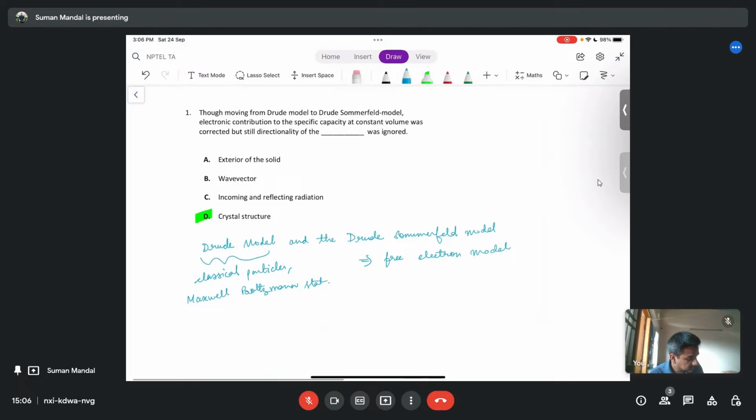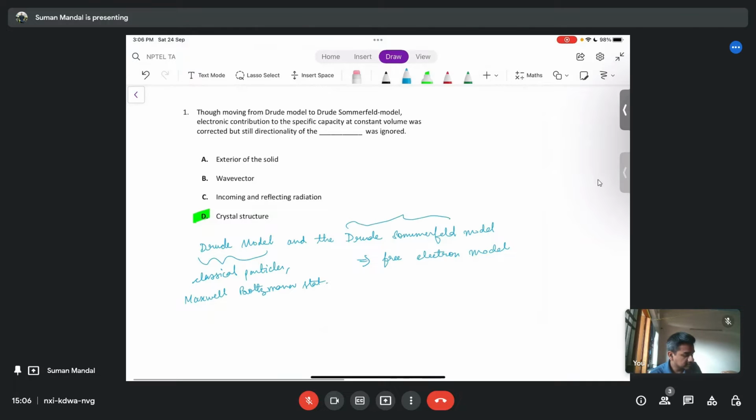In the case of the Drude-Sommerfeld model, we use the concept of fermions, which are quantum particles, and we have the Fermi-Dirac statistics.